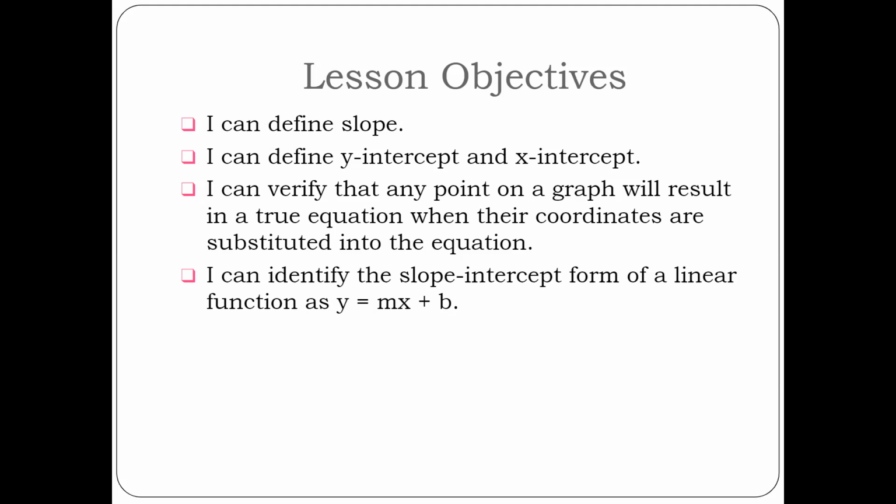That is the y value for where that line crosses the y-axis. It intercepts the y-axis at point b. In other words, when x is 0, y equals b. And so that gives us the y-intercept.